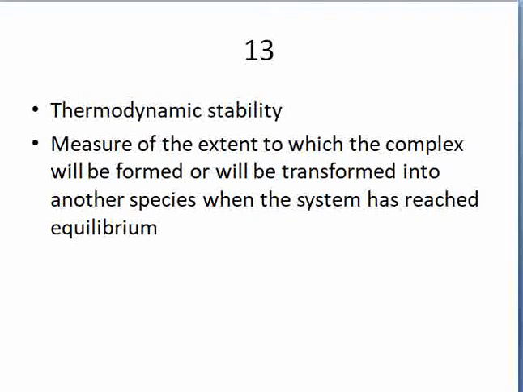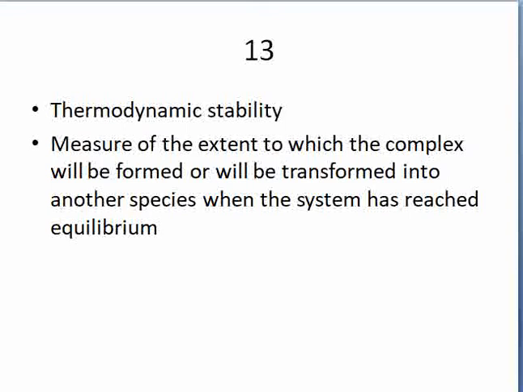Thermodynamic stability. Stability is a different matter. There are two kinds of stabilities: thermodynamic stability and kinetic stability. Thermodynamic stability measures the extent to which the complex will be formed, or will be transformed into another species, when the system has reached equilibrium. This measures the thermodynamic stability of the complex.